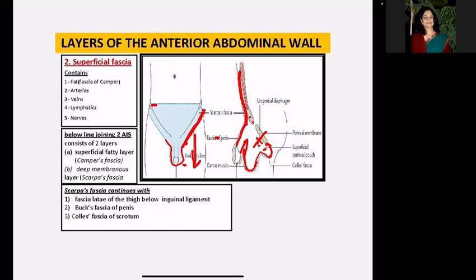And this membranous fascia, from the infraumbilical part, is continuous into the fascia of the penis, continuous with the fascia of the perineum, and then posteriorly is extended and fuses with the perineal membrane.